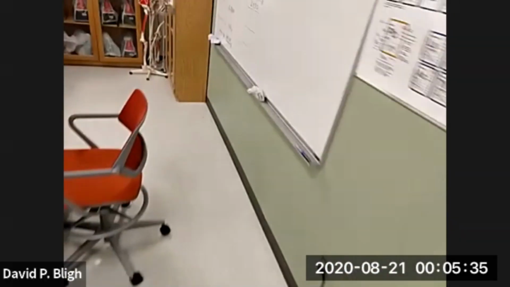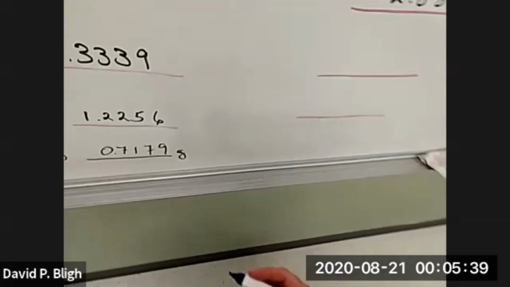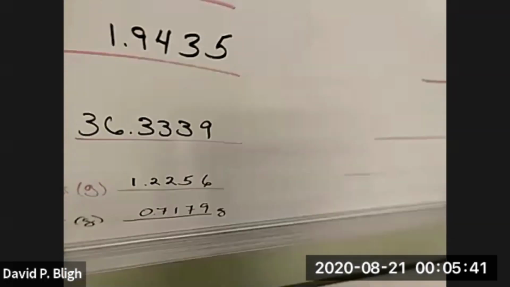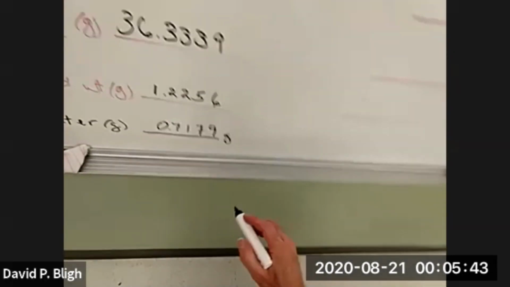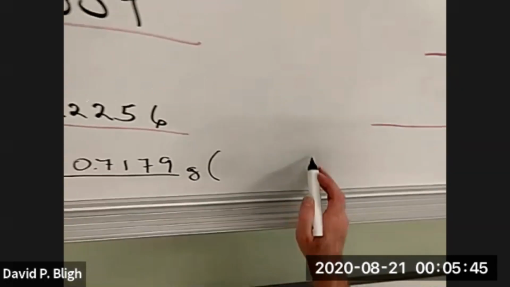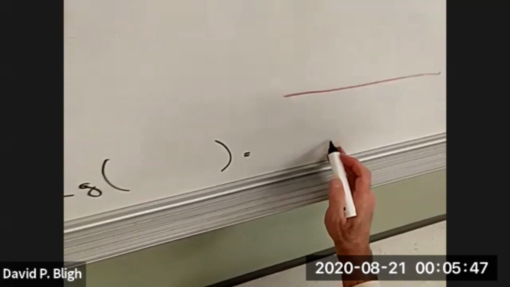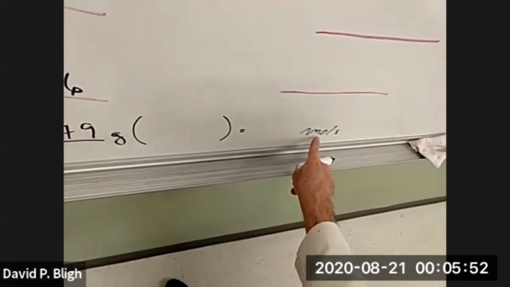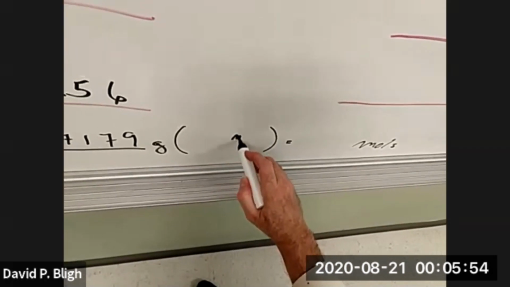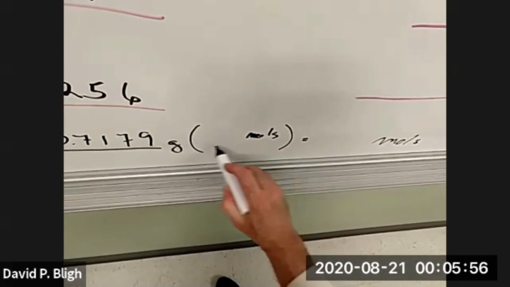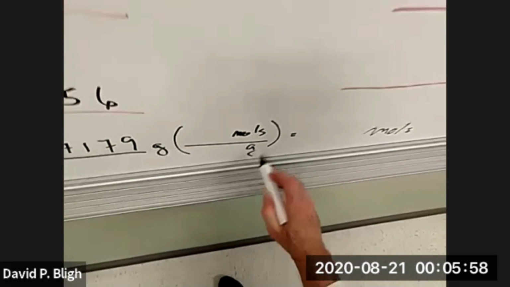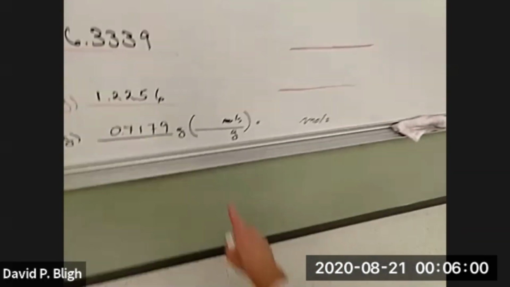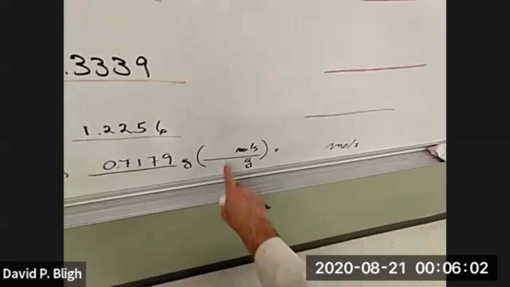How do we determine the moles of water if we know the mass? This is your dimensional analysis. We want to convert that one to moles. So we need moles on top and grams on the bottom for our conversion factor. So grams will cancel and leave us with moles.